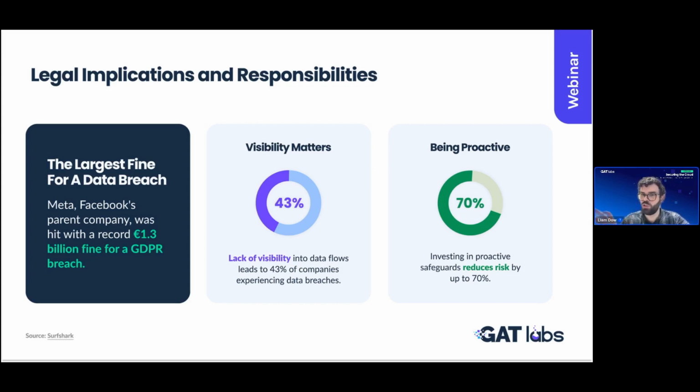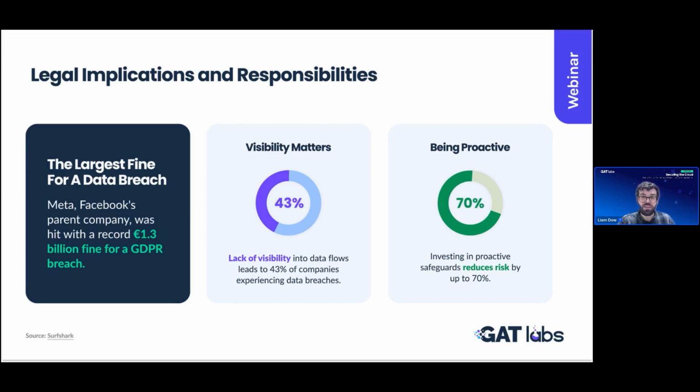Look, I will be touching on specific areas within Google Drive, specific things you can do to help secure your environment, but really it comes down to two things. 43% of businesses that had a data breach had it due to not having visibility into the system that was compromised. It's primarily because they weren't aware that something was happening. They weren't monitoring the system. They weren't able to see what was happening.